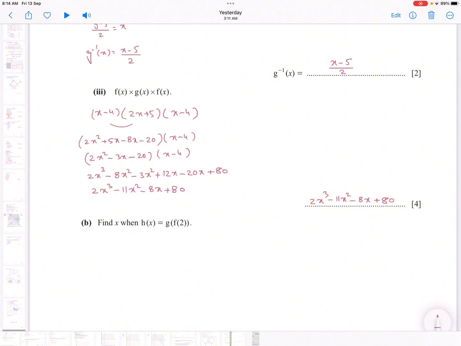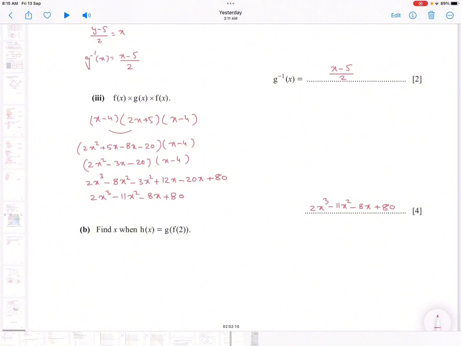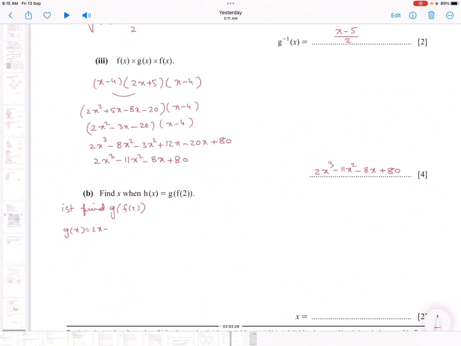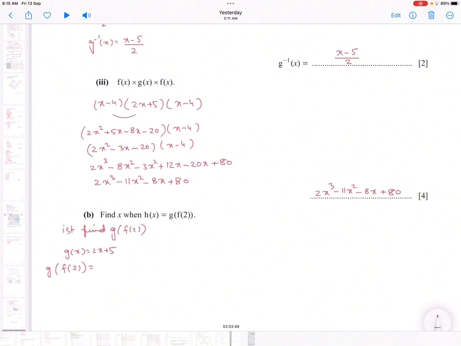Find x when h of x is equal to g of f of 2. So first find g of f of 2. In g of x you write f of 2. So this is your g of x. Put f of 2 in this.